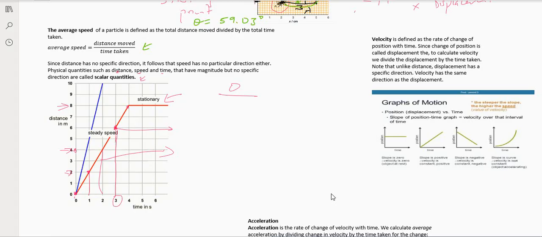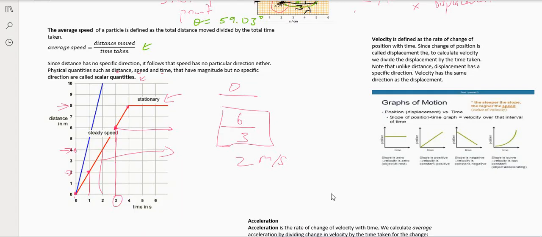So it means that my instantaneous speed at that point is going to be 6 divided by 3, so this is going to be 2 meters per second.